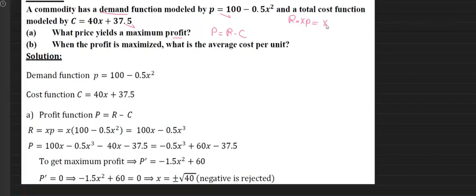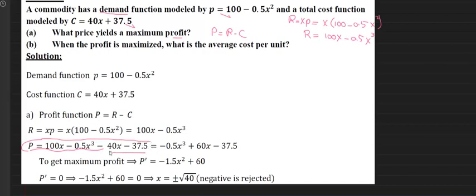So we will simply say it's x times that, 100 minus 0.5x squared. So the revenue is 100x minus 0.5 times x to the power what? Power 3. That's the revenue. And we are given the cost, and hence we can say that the profit is simply that form. It's the revenue, which we calculated, 100x minus 0.5x cubed, minus the cost, which is 40x minus 37.5.